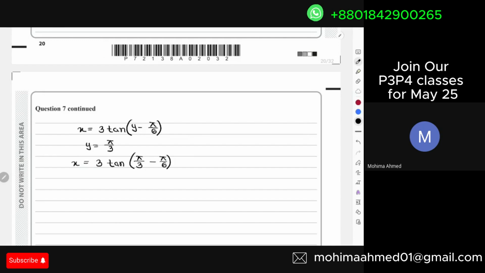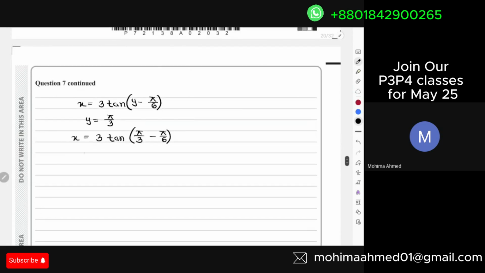So I'm going to write 1 by 3 minus 1 by 6, that leaves you with 1 by 6 again. So you again have 3 tan pi by 6. You just have to do your maths in radian mode. So you have 3 tan pi by 6, and that equals root 3.